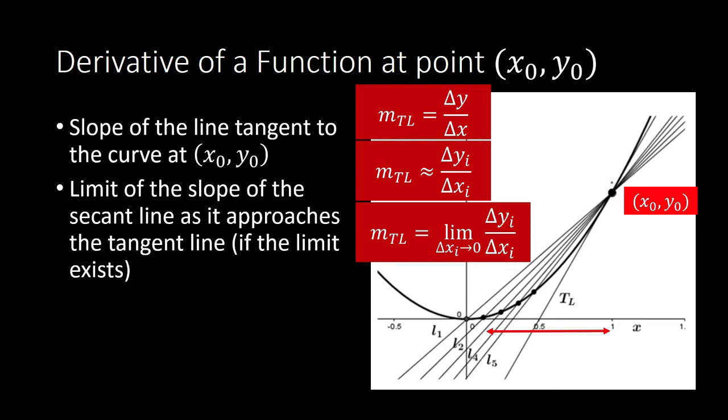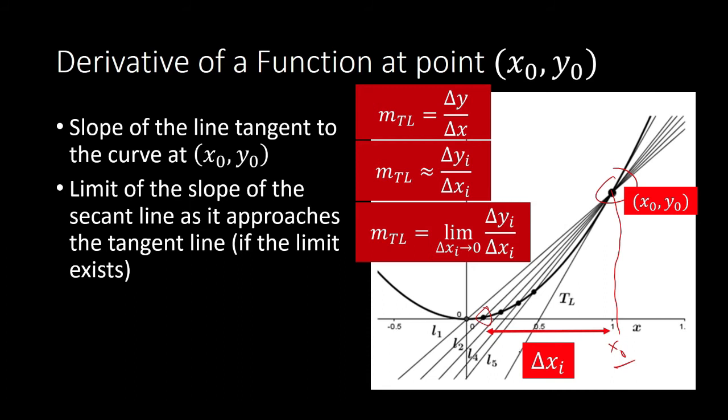One is a fixed point. So this point is going to have x and y coordinates. And the x coordinate of that point is going to have a distance from the x coordinate of your fixed point. And that distance is what we call delta x sub i. And as we produce our sequence of secant lines, we are producing a sequence of values for the slope of those secant lines.